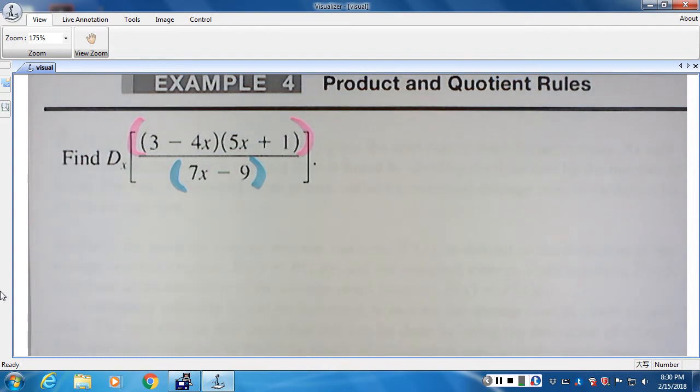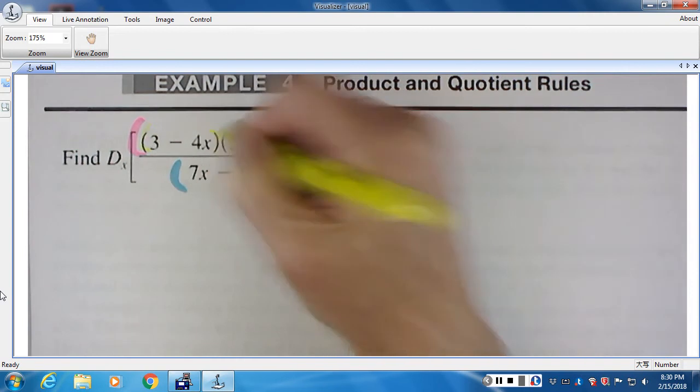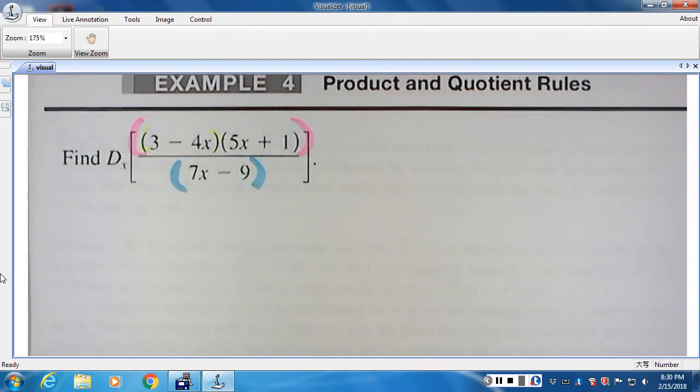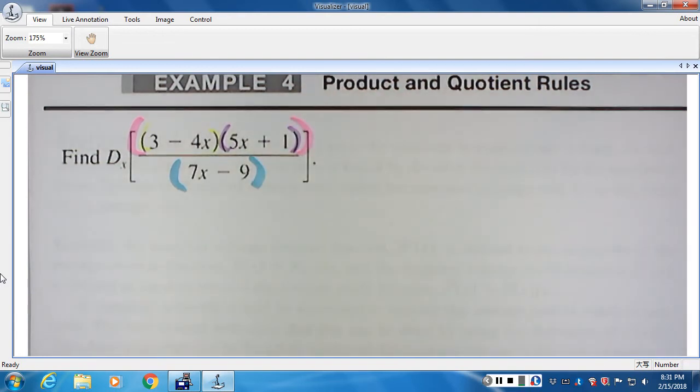But since this is a product, I'm going to do the product rule on the top.